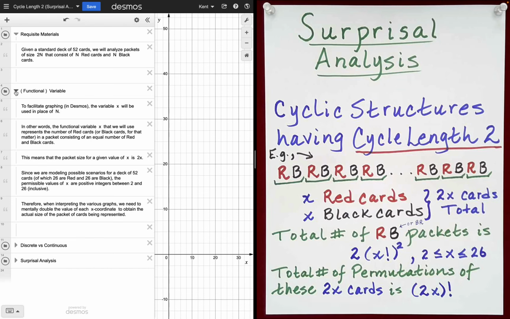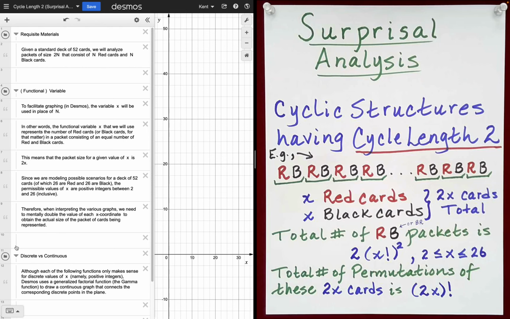Since we are modeling possible scenarios for a deck of 52 cards, of which 26 are red and 26 are black, the permissible values of x are positive integers between 2 and 26 inclusive. Therefore, when interpreting the various graphs, we need to mentally double the value of each x-coordinate to obtain the actual size of the packet of cards being represented.